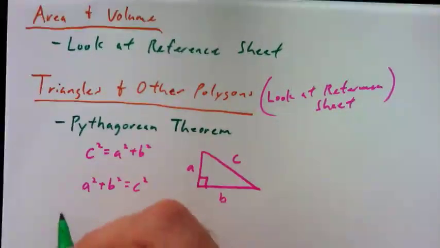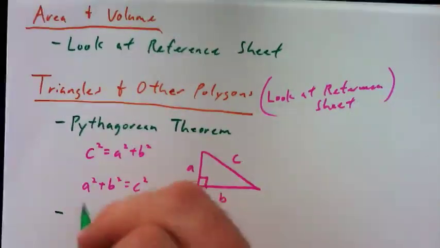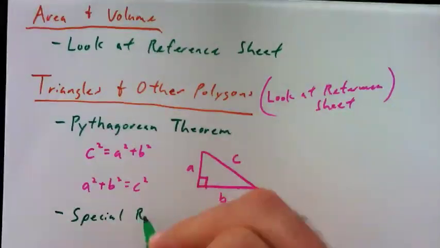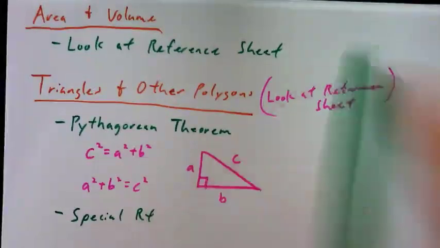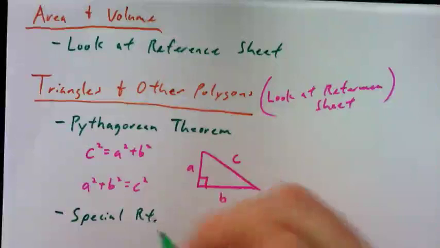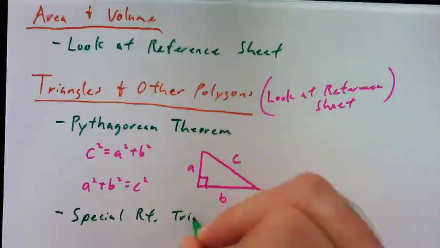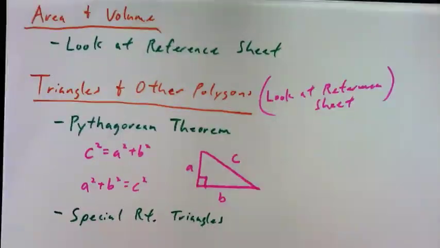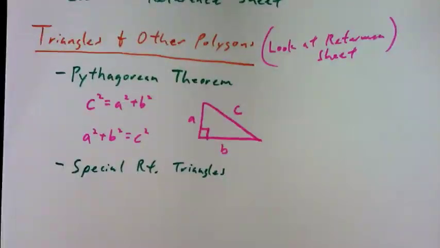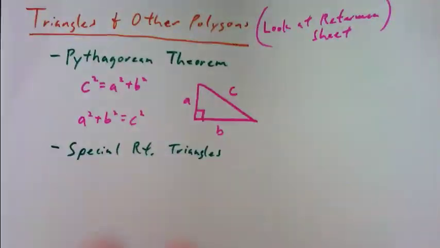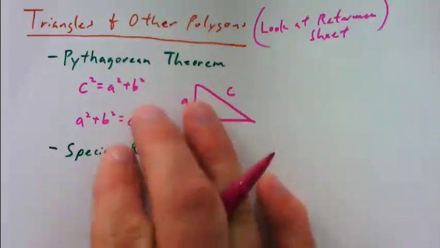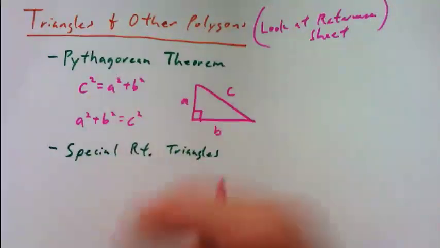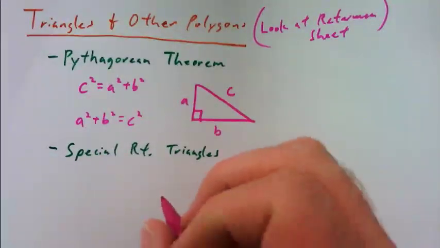Now, there are also what we call special right triangles. There are two special right triangles. And whereas normally you need two pieces to find a missing side in a triangle, for the special right triangles, you don't need two pieces. You only need to know one.